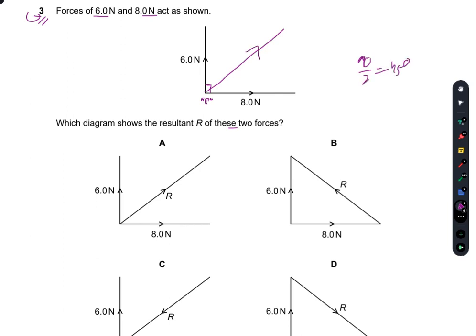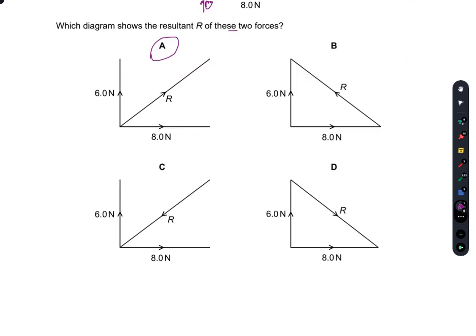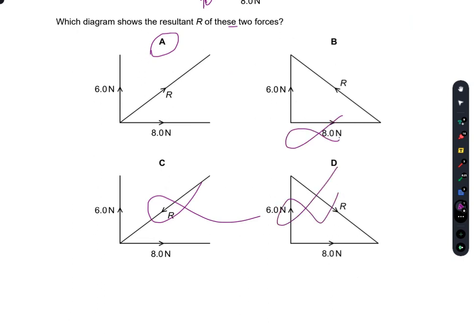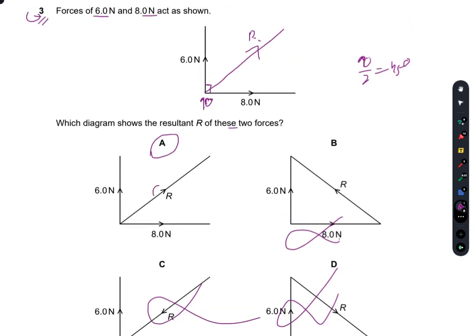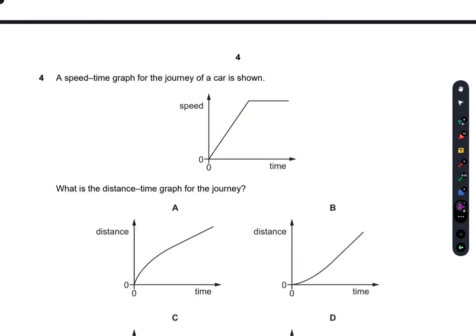So this would be the resultant force R in this direction, which divides this 90 degrees into 45. So that would be A. All others are incorrect. You have to check the direction of R as well. So A is the right option.